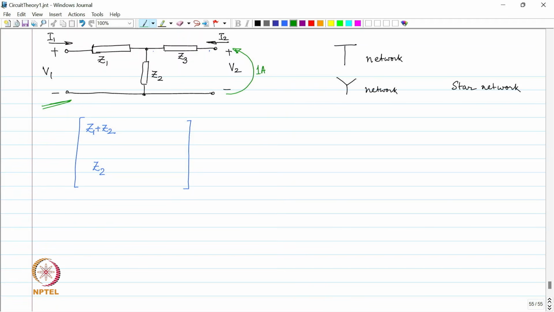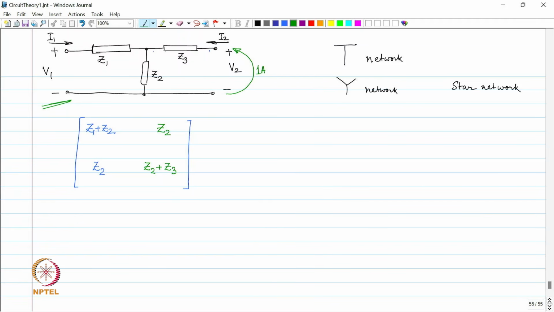What is going to be V1 and what is going to be V2? First, let us find out V1. Z2 times 1 ampere, and V2 is Z2 plus Z3 times 1 ampere.